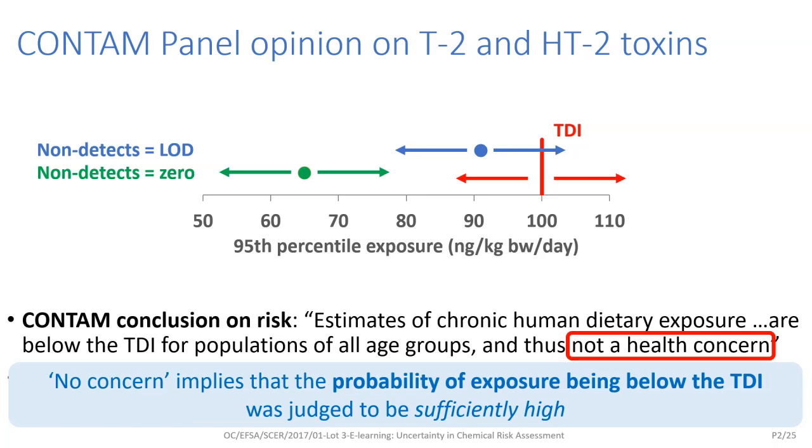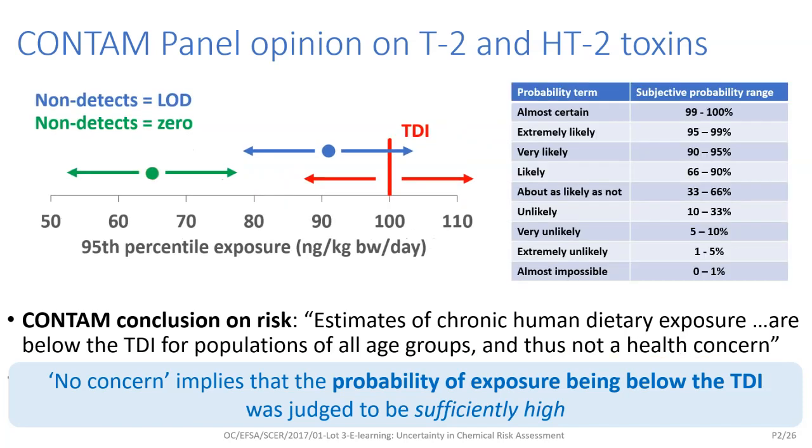This is the point where applying the uncertainty guidance requires an extra step, quantifying the overall impact of the uncertainties on the conclusion of the assessment using probability. A simple way to do this is to use the approximate probability scale which the uncertainty guidance document recommends for harmonized use in EFSA.